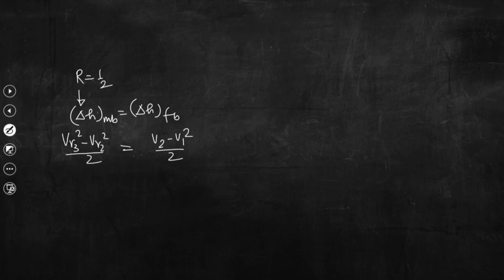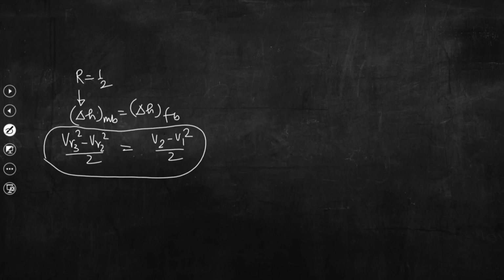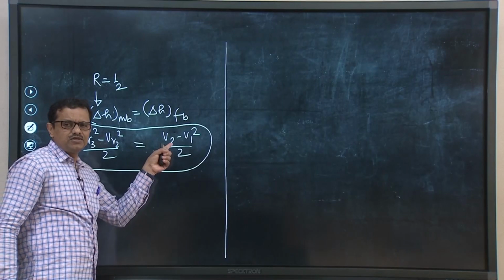So, basically, for this particular case, if we try to draw the velocity triangles now, you know that V2 and V1 are the absolute velocities of steam.